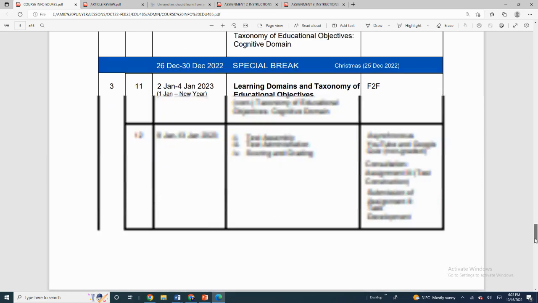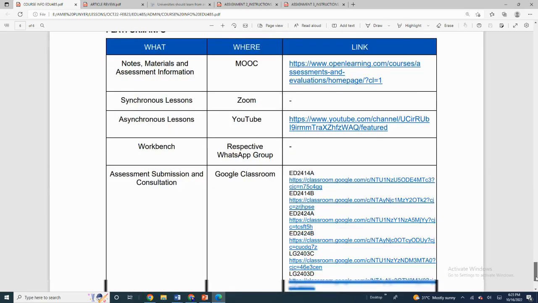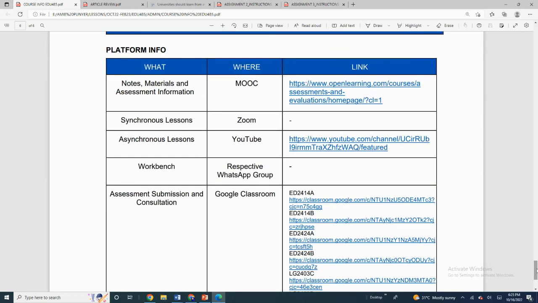Okay, let's move on to the final sections in this course information. That would be the platform info, as well as where you will be able to get access to the materials related to the course. With regard to notes, materials, and assessment information, let me just show you one thing.